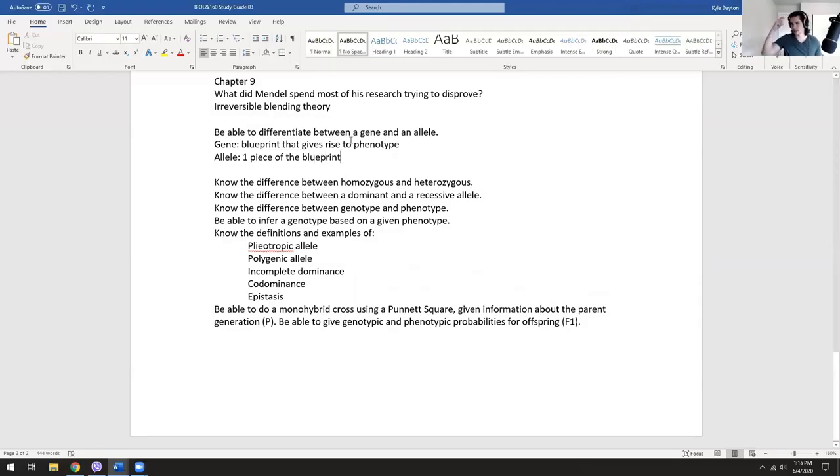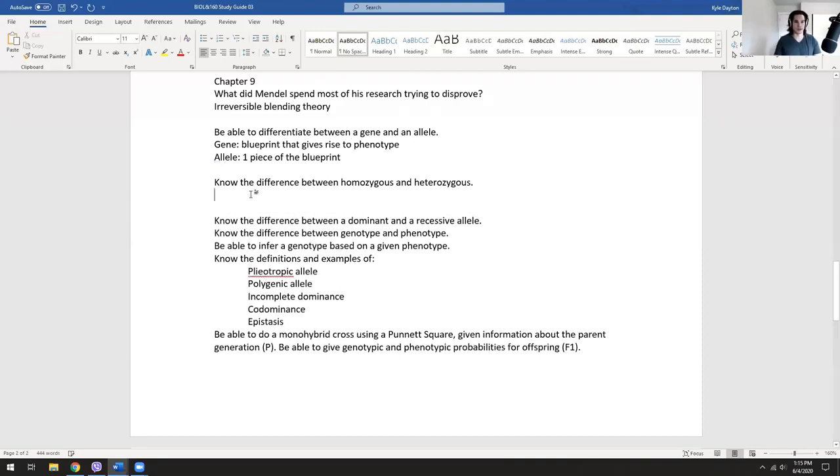So in all of your cells you've got 2 alleles. If you're a healthy human, you've got 2 alleles for every gene. So alleles are just the pieces, and then the gene is the overarching gene.